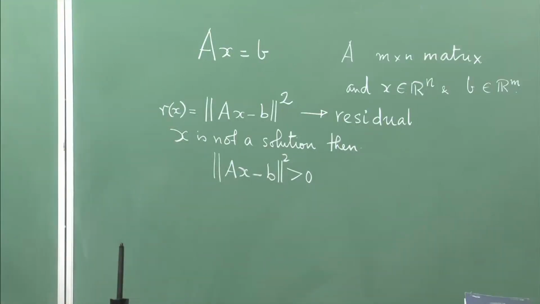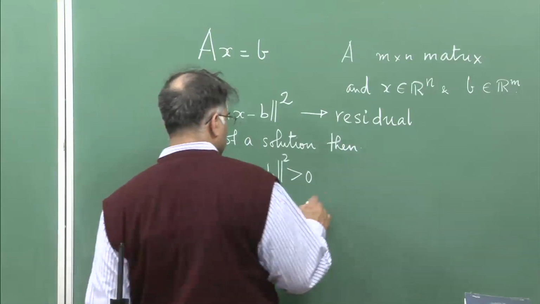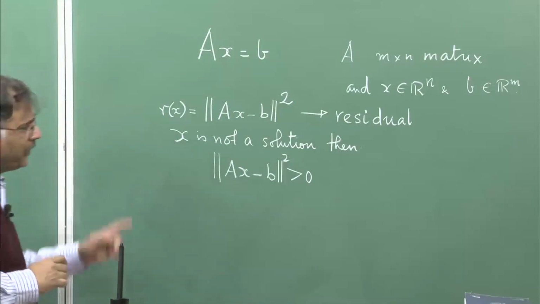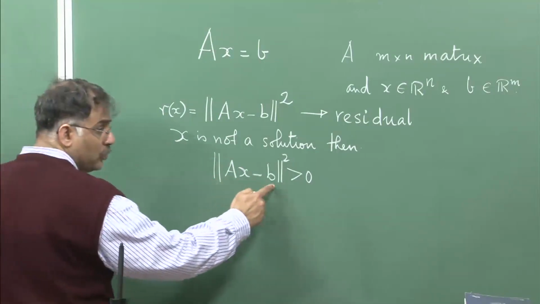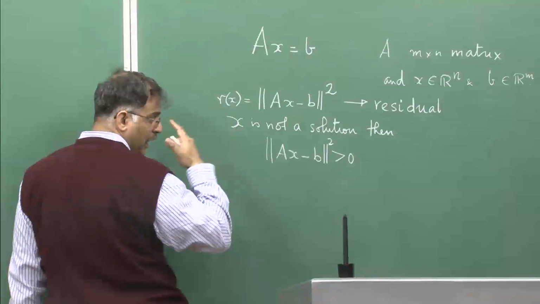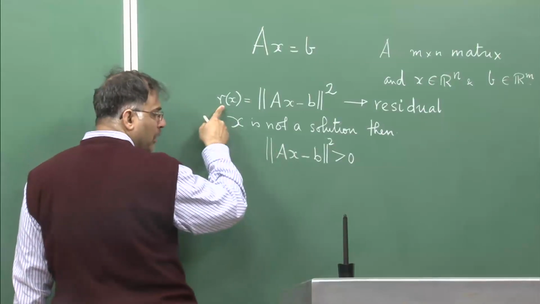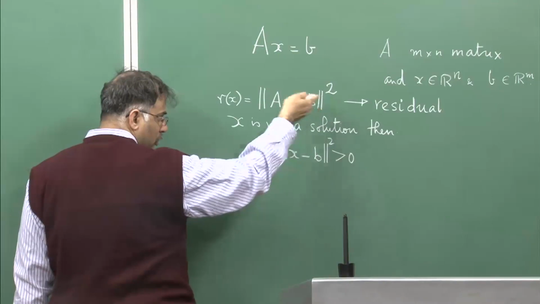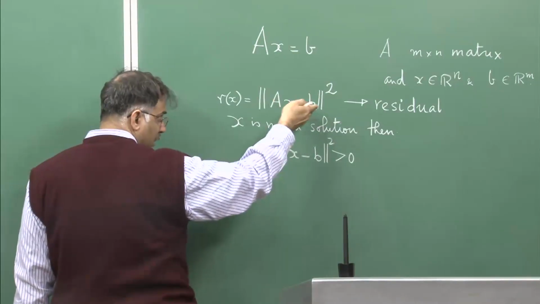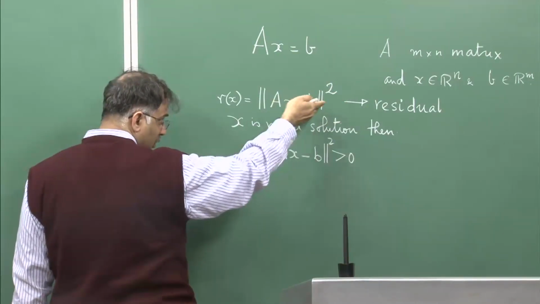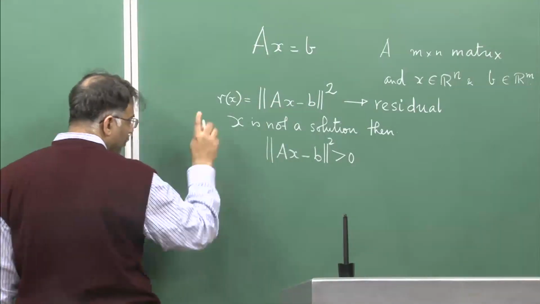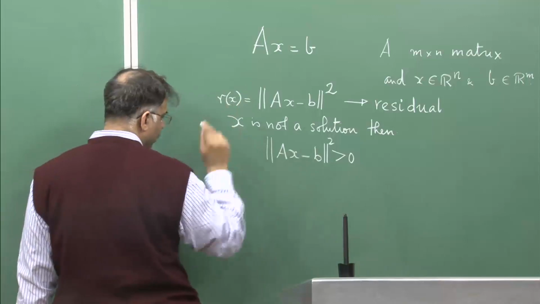So, if x is not a solution, then this will happen. If x is a solution, Ax minus B would be equal to 0, and then that x would actually be the minimum of this problem, because this is always greater than or equal to 0 for any x. For any x for which Ax is equal to B, that x must be a solution of the minimization of this problem over Rn.